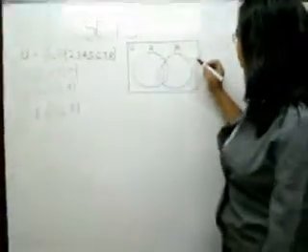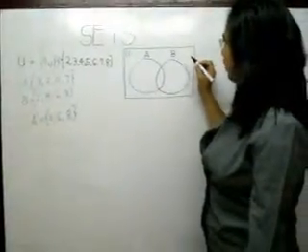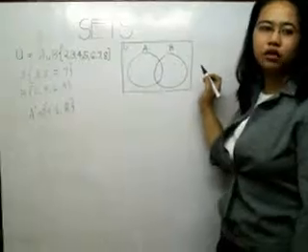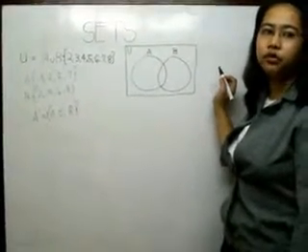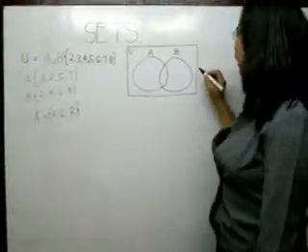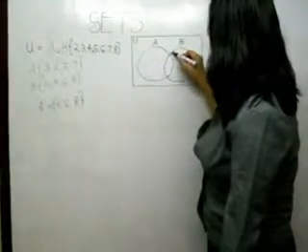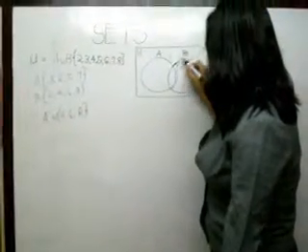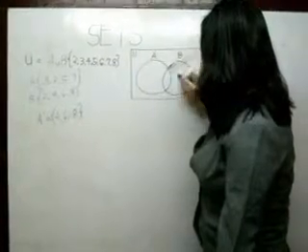So, as we draw along here, from the definition itself, a set of elements found in the universal set but not found in A. So we will shade all the figures except the circle A.